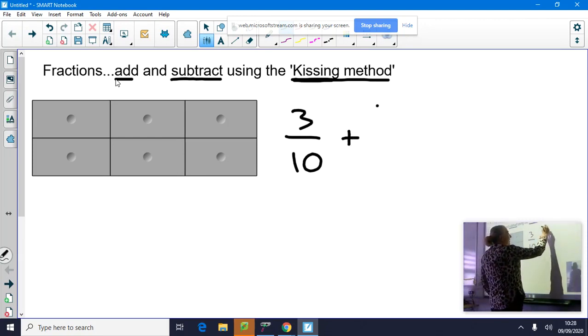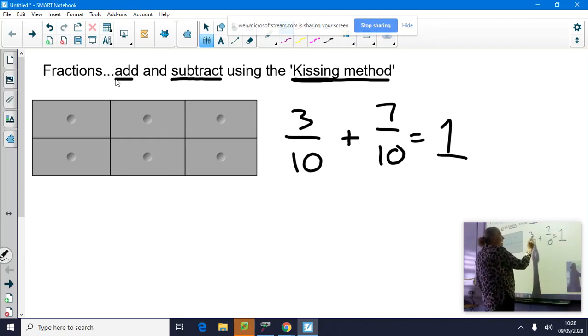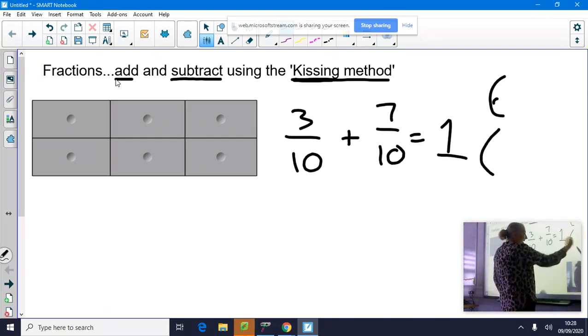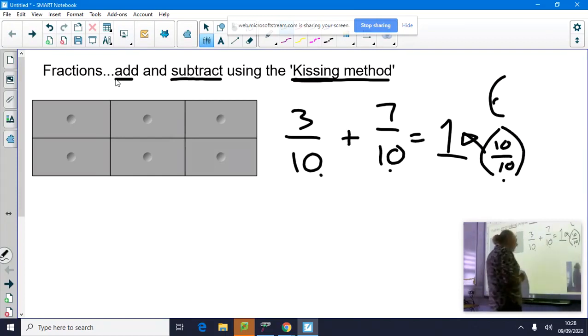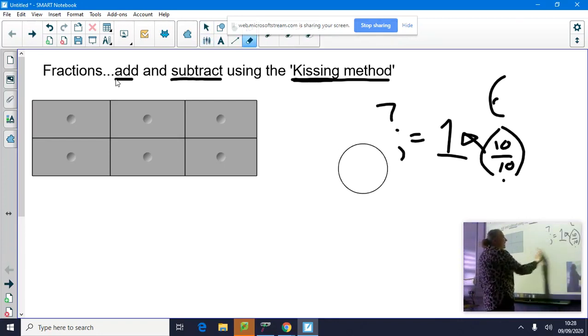I would need to have 7/10, and that would equal 1. 3 plus 7, I've just put this in a bracket up here. 3 plus 7 is 10. Denominator stayed the same, and that makes 1. Okay? Just in case you forgot that. I think that's important.